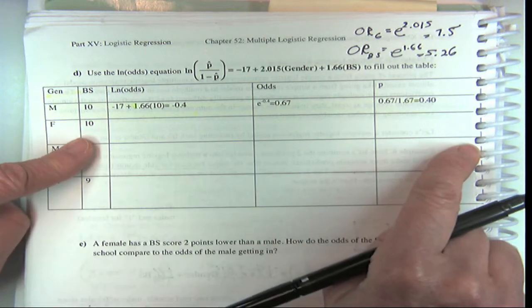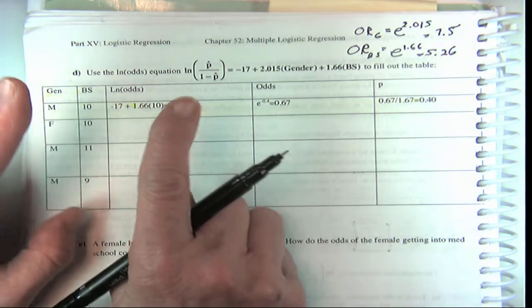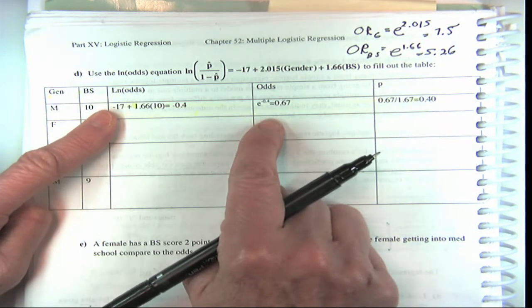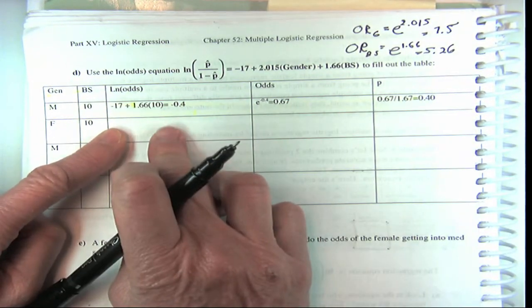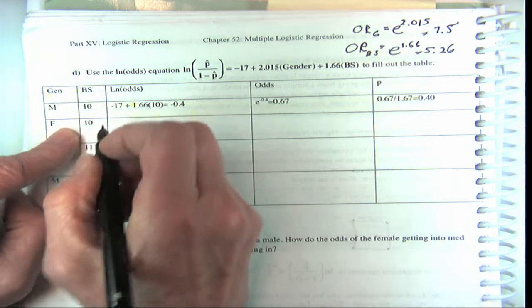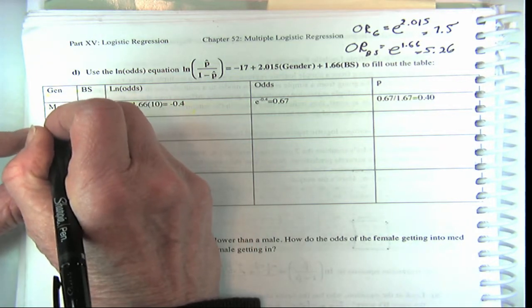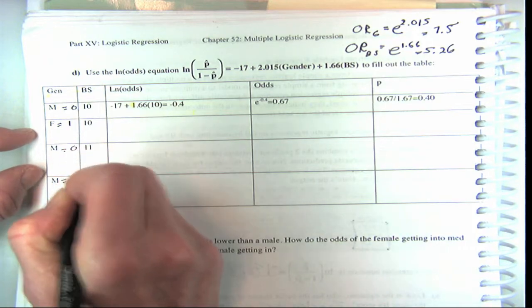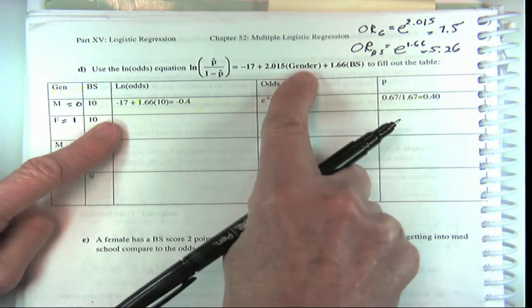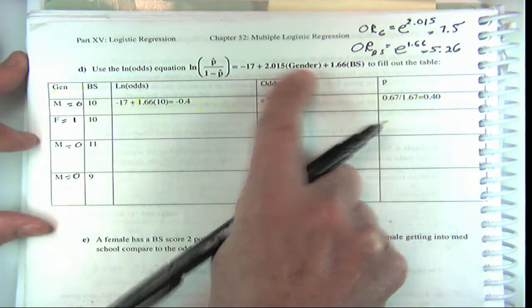All right, so now you can see, first you get the log odds, then you exponentiate it, and then you get the probability. So we're just going to do the same thing here. All right, so for females, what is the difference? Males are coded as 0. These are coded as 1. So for gender, we're going to put 0 in here.